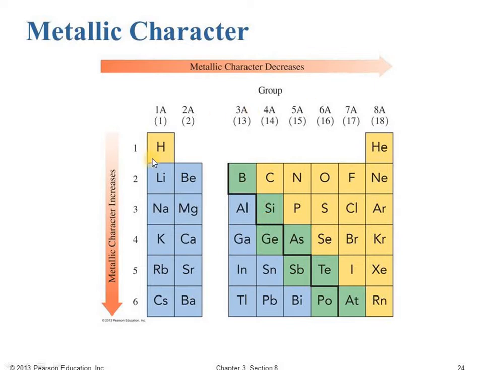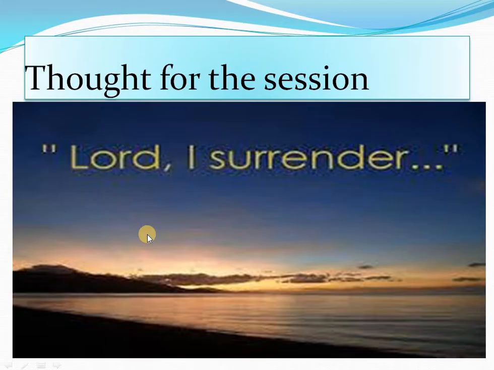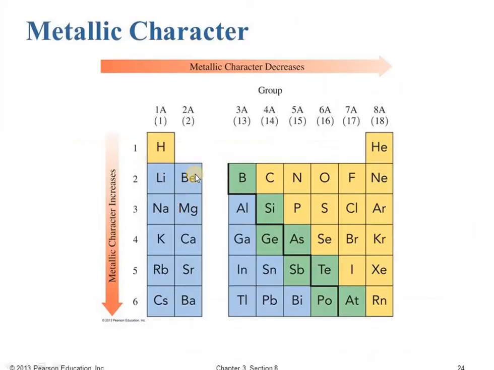Here you see hydrogen, helium, lithium, beryllium, boron, carbon, nitrogen, oxygen, fluorine, neon, sodium, magnesium, aluminium, silicon, phosphorus, sulfur, chlorine, argon, potassium, calcium. It means the first group, second group, and groups 3 to 12 are missing here. Why? Because questions will not be asked regarding these elements from your exam point of view. They will be restricted to the first 20 elements.